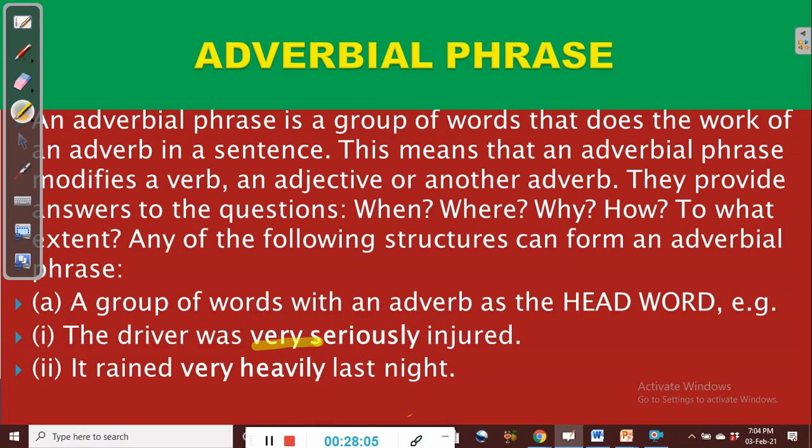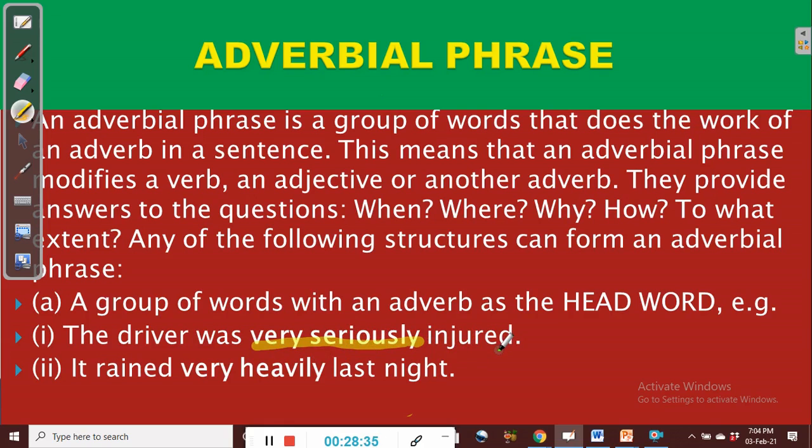Now, the group of words "very seriously" is the adverbial phrase here, because you have two adverbs. This "very" is an adverb of degree, also modifying another adverb, and so this adverbial phrase is telling us more about injured.